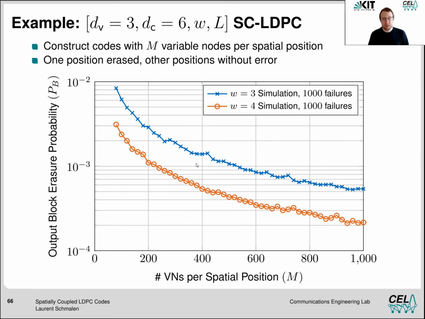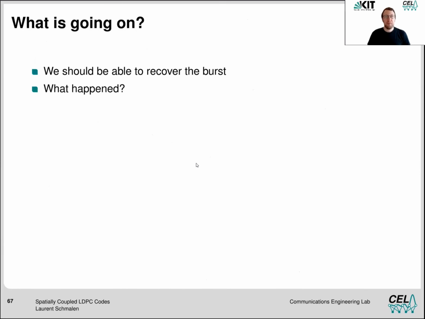So what happened? The decoder cannot recover from this situation because of something called a size 2 stopping set. We have two variable nodes, and they are connected to check nodes in the following way.